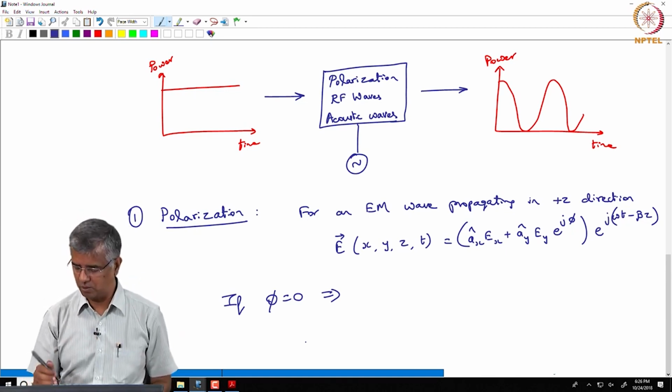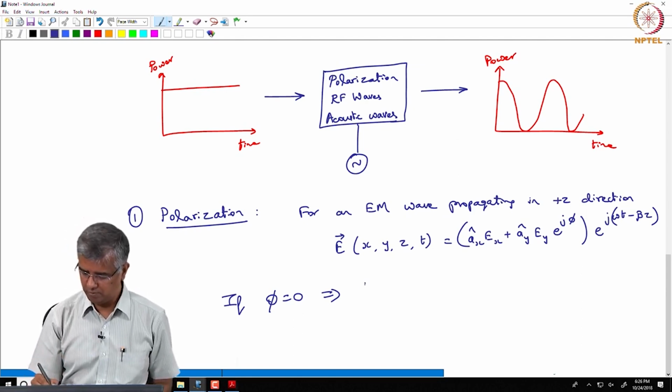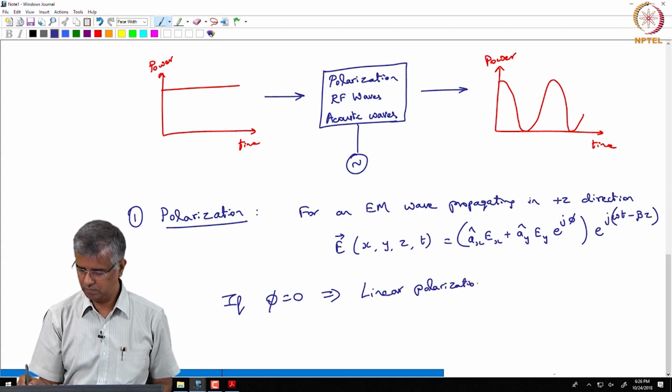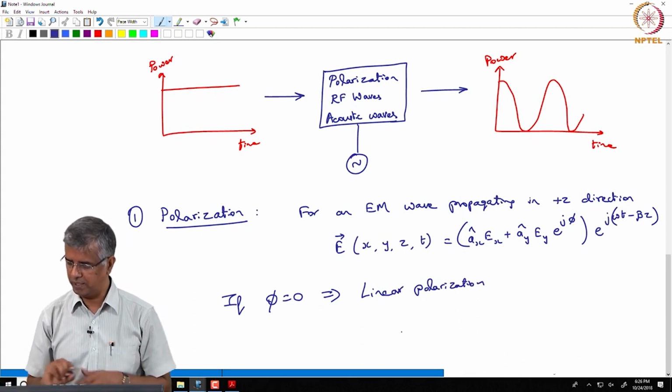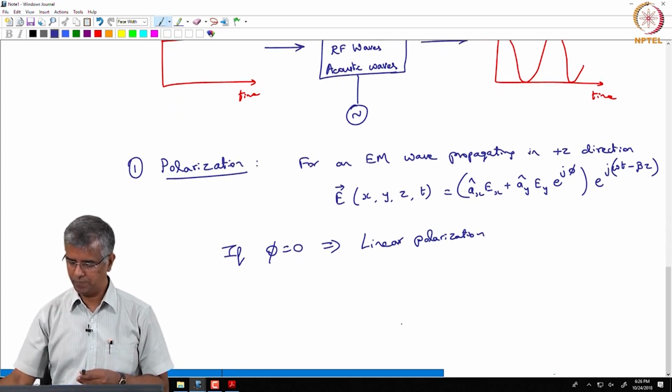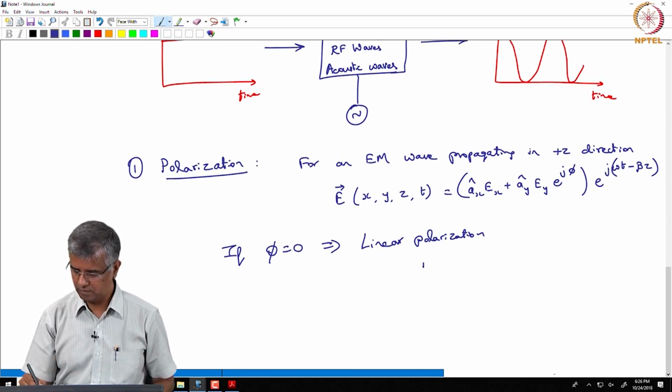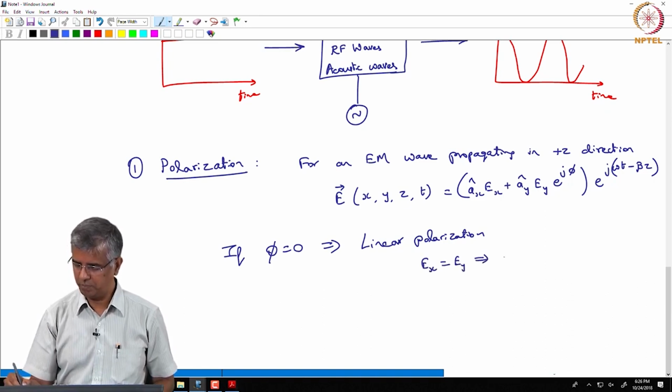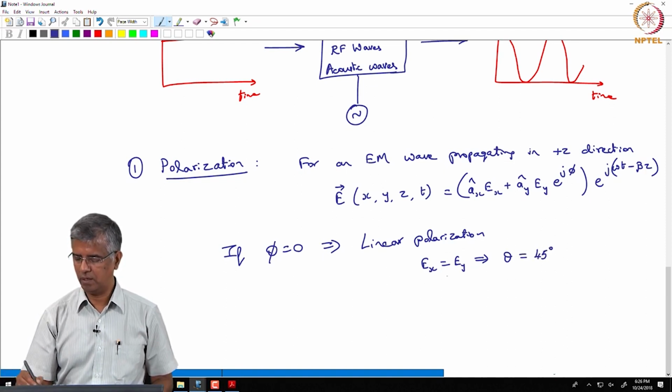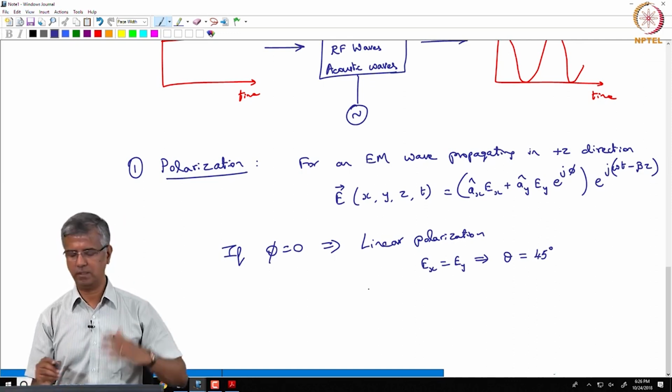So, if phi equal to 0, then you have linear polarization of light, and specifically if Ex equal to Ey, that means that the linear polarization has an angle of 45 degrees, right.